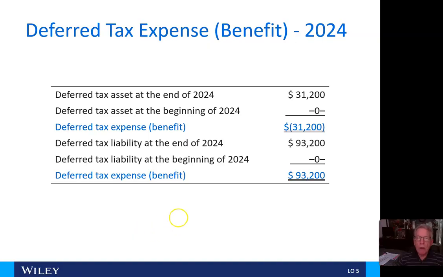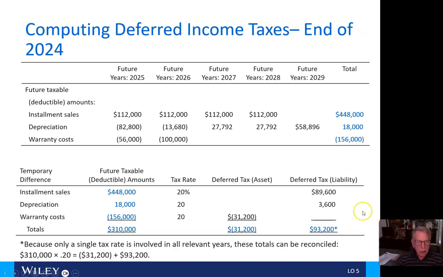Okay, so if we look at the $31,200 deferred tax asset at the end of 2024, we had beginning 0. So our deferred tax expense benefit, $31,200. The deferred tax liability at the end of 2024, $93,200, 0 at the beginning of the year, so we had $93,200. And you can see that easily from this schedule here.